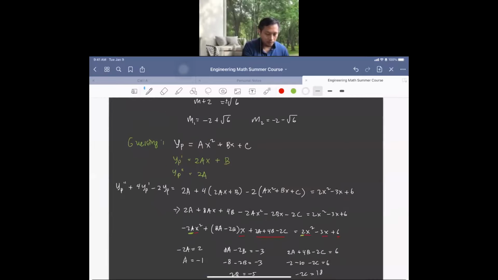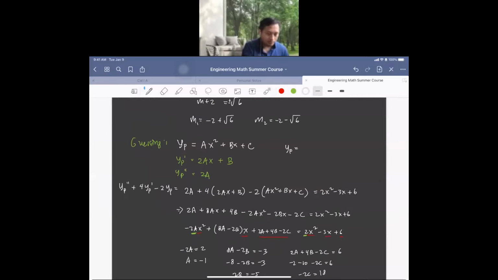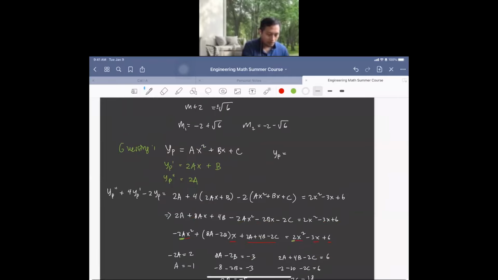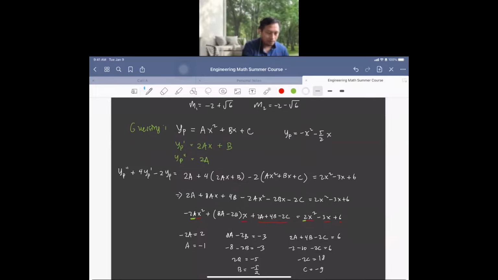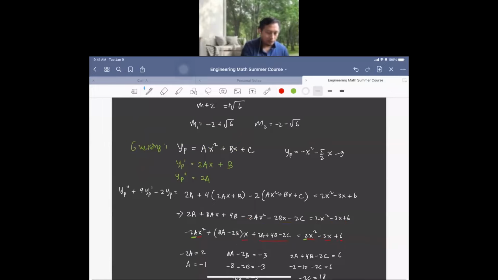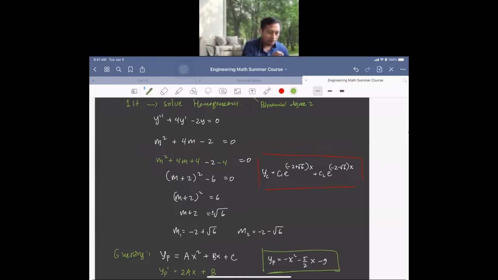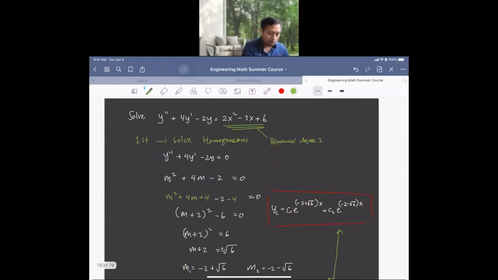So we get all these three. Our yp from these equations is negative x squared, negative 5 over 2 x, negative 9. And then we combine these two.